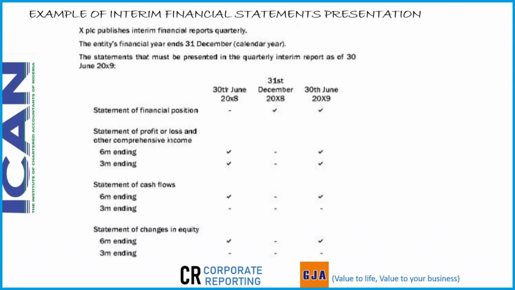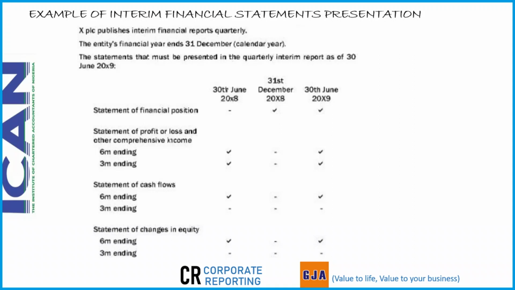Let's say, for example, for Hex PLC, we want to report the interim financial report quarterly, that is 3 months now, and we are reporting for the entity as at December 31st, which could be of any year. So the year end of Hex PLC is 31st December of every year.